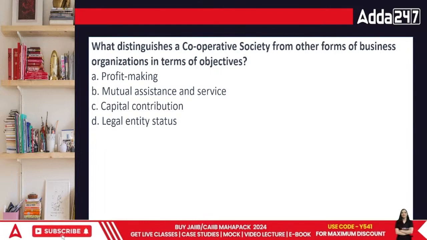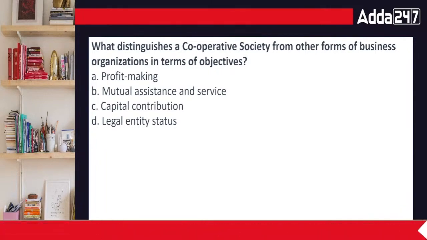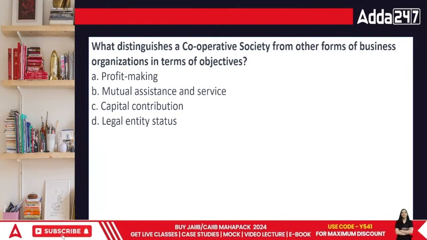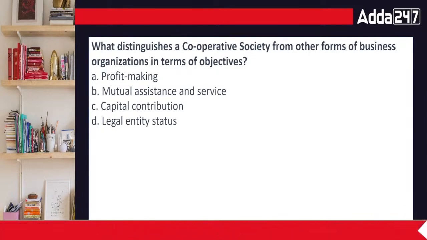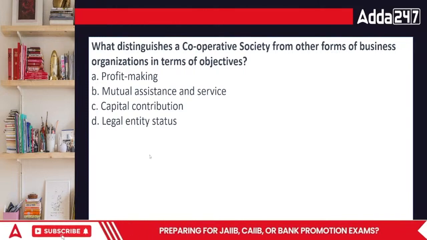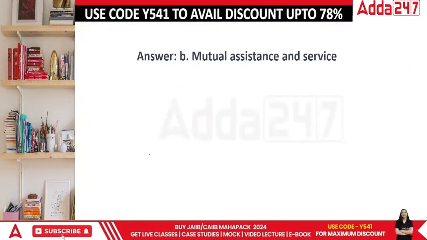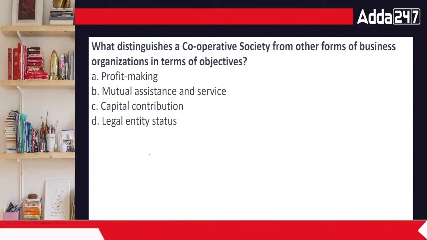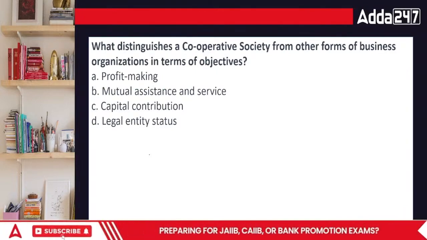It's an organization which decided, no, we are looking forward to society upliftment and social development. We don't care about anything else, and that's how they actually work, right? So the cooperative societies are basically related to that: the mutual assistance and service, capital contribution and legal entity status.